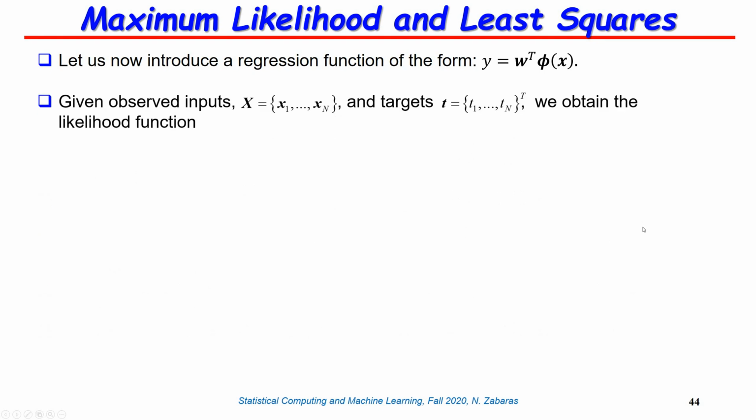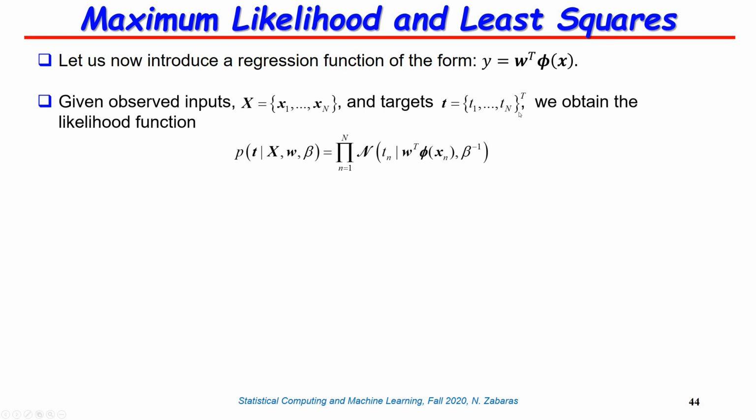Let's do this more formally and try to produce a matrix form for this MLE estimate for W that will remind us of least squares solutions from linear algebra. The problem again is that we're given these X vectors, which is my training data set, and I denote this in bold because x1, x2, etc. can be vectors.